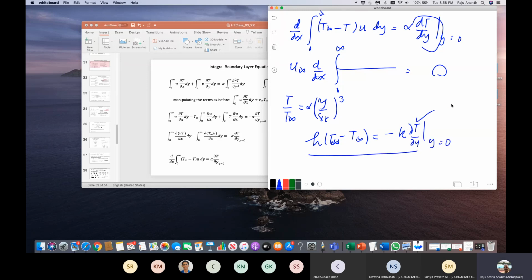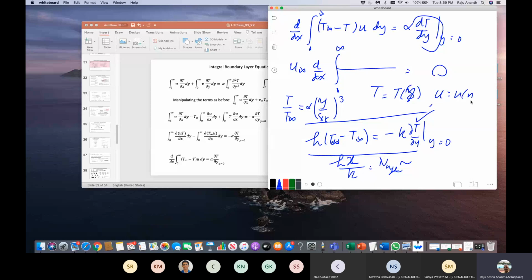So once I know the velocity and temperature profile, h d over k, or h times some length over k, will be my Nusselt number based on L or x or whatever. Then I can get the heat transfer and so on.